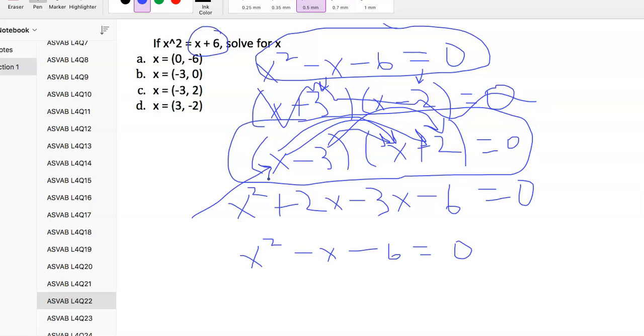If x was 3, 3 minus 3 is 0, that would make that 0. And whatever was over here, we wouldn't care about, because 0 times anything is 0. That would work, right? And then the second one is what plus 2 equals 0? And the answer there is -2. So our two answers, 3 and -2, work for the solution.